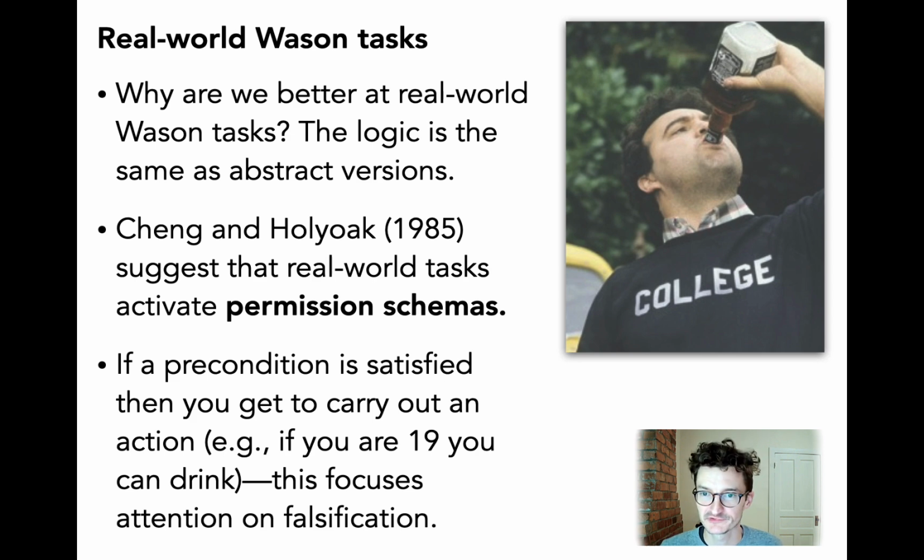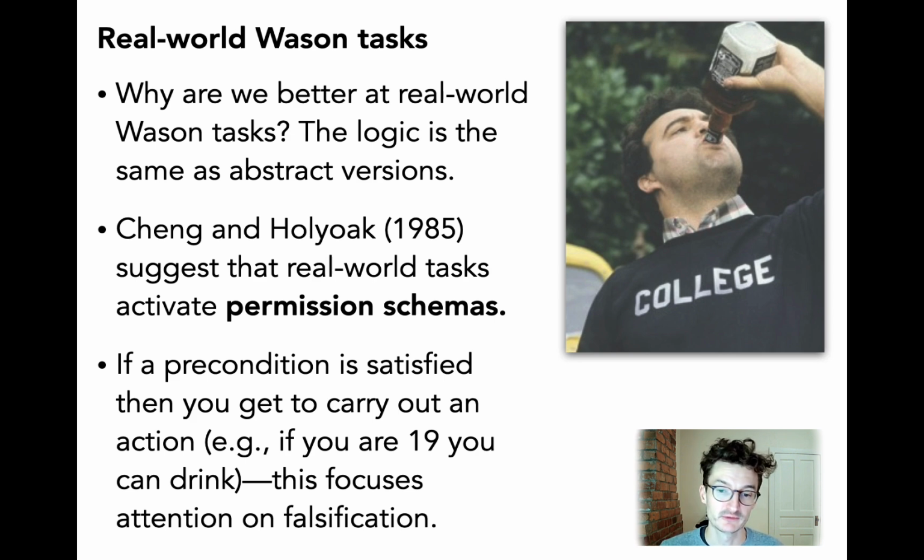And some other studies have used the Wason 4-card problem with tasks that are more grounded in the real world. We would say that they have more ecological validity. So why is that? Well, one idea is that real-world tasks, like the one we just saw, activate what's called a permission schema. Schema is a mental model.